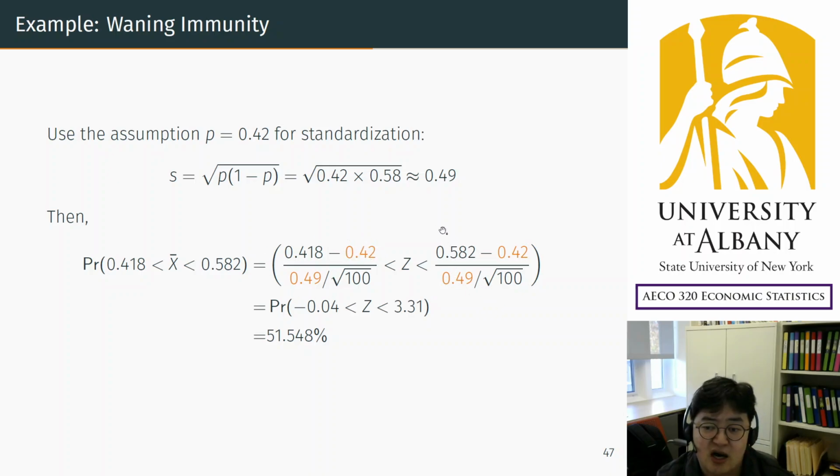This is how you are going to calculate. Then with some algebra, you get these numbers and find this probability from Excel. Then you are going to get 51.5%. So that means if 42% was the truth, your decision could be a type 2 error with this much probability.